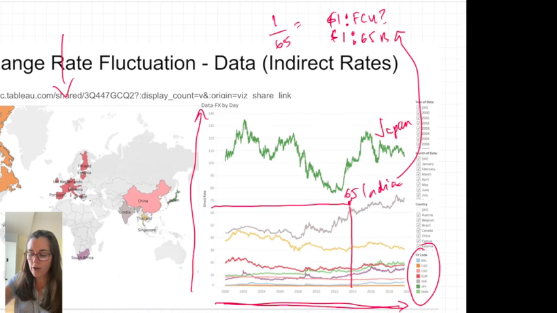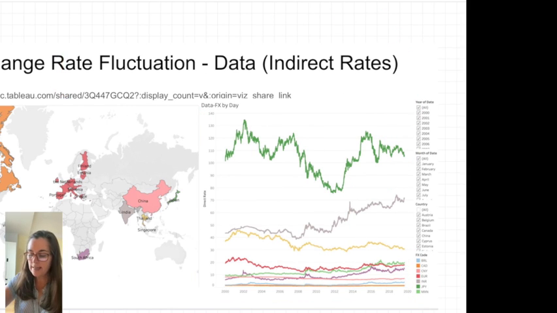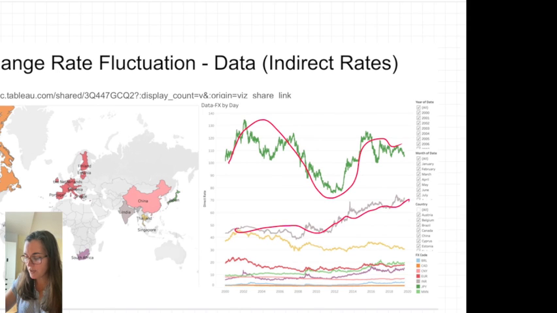The second thing I want to note with this data is that it's all fluctuating over time. We can see that the Japanese yen is fluctuating, and the Indian rupee is fluctuating, with kind of an upward trend. We can see this with all of these currencies.